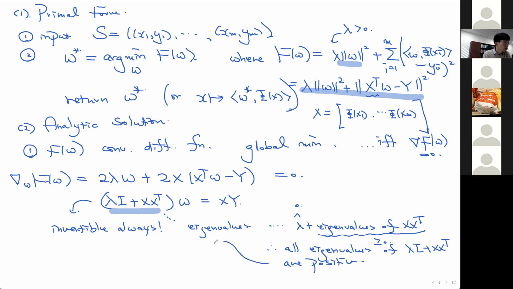Now, one thing that we do know, or maybe you forgot, is that the determinant of lambda I plus X transpose X, I think it's true, but if I'm wrong, please correct me. Some of you are perhaps more familiar with linear algebra than me. I think it's a product or sum of eigenvalues, I forgot exactly.